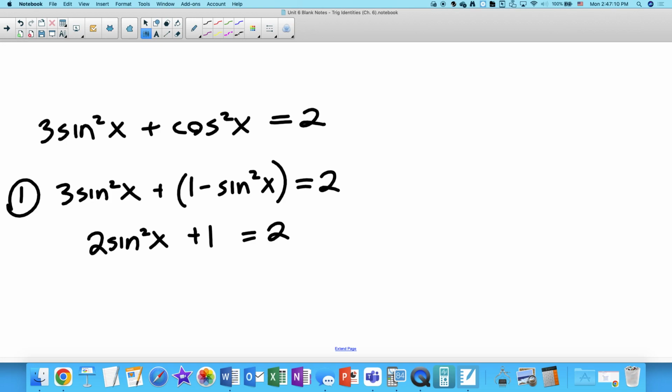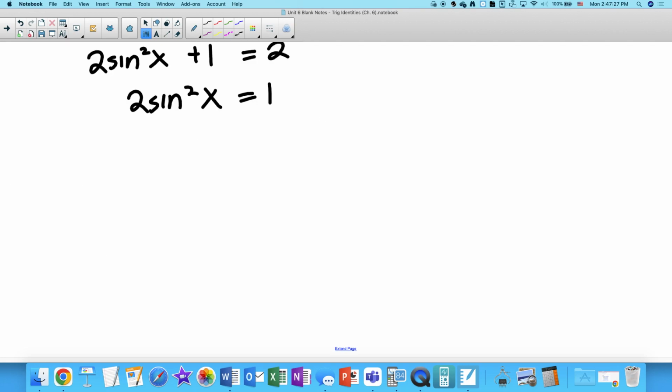So 2 sine squared x equals 1 if I subtract 1 from both sides. And then I divide by 2. Okay. And if I take the square root of both sides, sine x will be plus or minus 1/√2. Or √2/2.